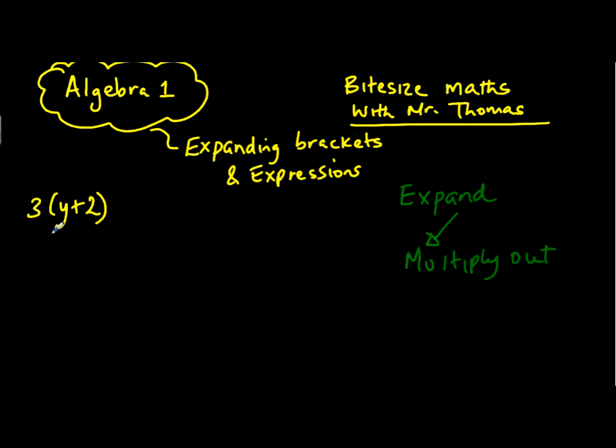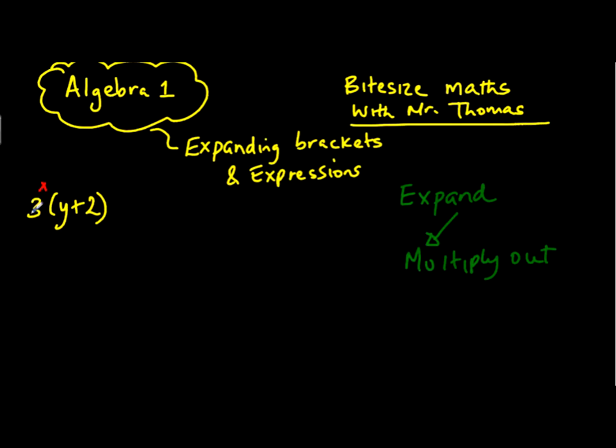So we know that in this expression, 3(y + 2), there is an invisible multiplication sign between the 3 and the bracket. What that says is that we're multiplying the 3 by the y first, and then the 3 by the 2.